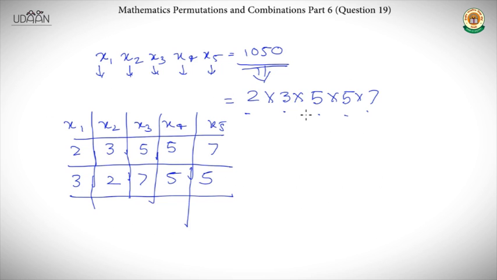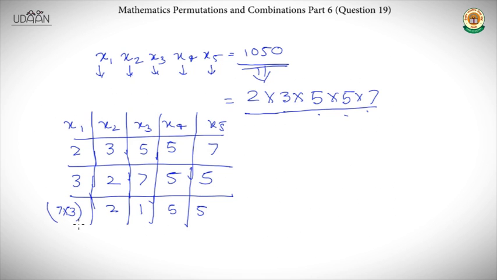But here we have to be careful, otherwise we'll be missing cases like 7 into 3 here and 2, 1, 5, 5 here. This also satisfies the equation. But if we only consider the arrangement of the prime factors, we'll miss these cases.